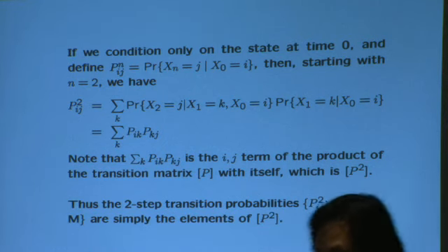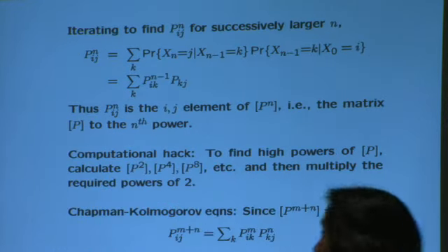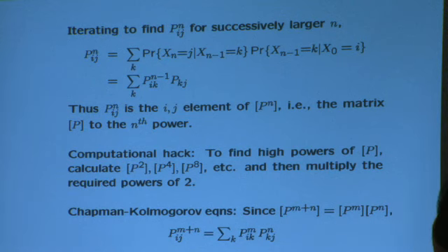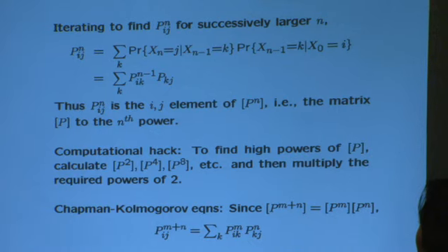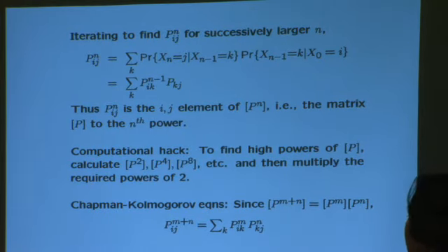So for n, we just iterate on this for successively larger n. To get from state i to state j in n steps, we have the probability that X of n equals j, given that X of n minus 1 is equal to k, times the probability that X of n minus 1 equals k, given X naught is equal to i, summing over all k.